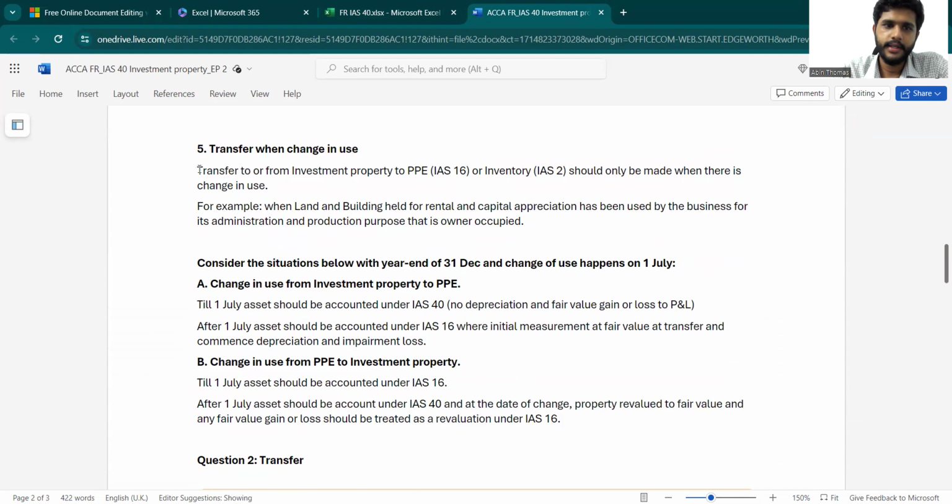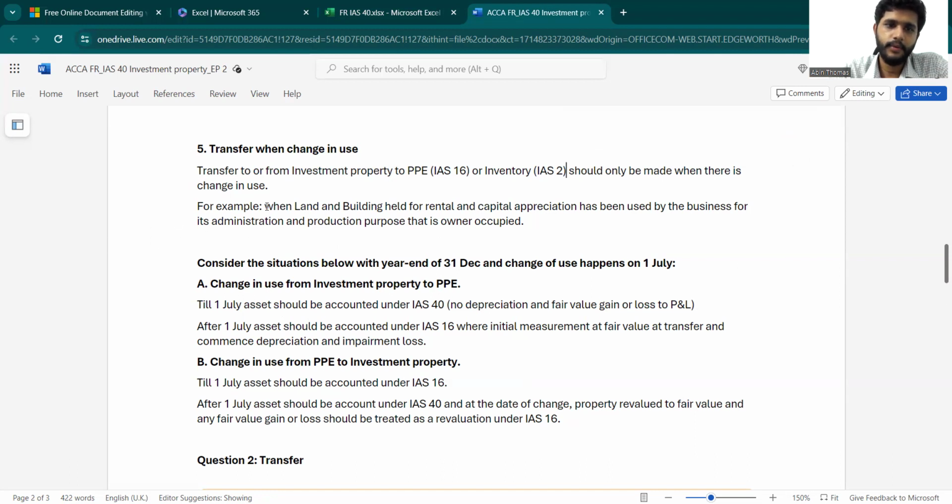The standard says the investment property can be changed to property, plant and equipment under IAS 16 or to inventory under IAS 2, which they can sell in the ordinary course of business. So whenever there is a change in the status of the property or the change in use, we also need to change the accounting treatment.